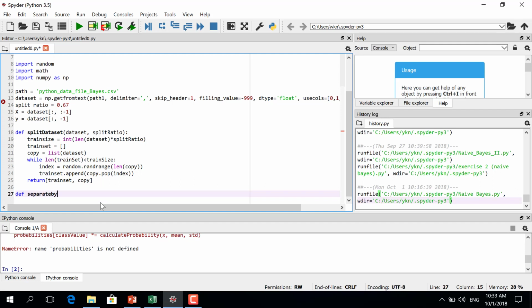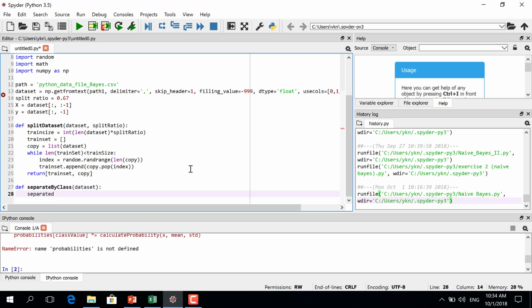It is separated by class. Here we have to separate the data, and we have to make some character like the dictionary.